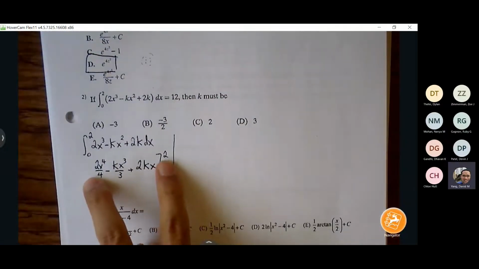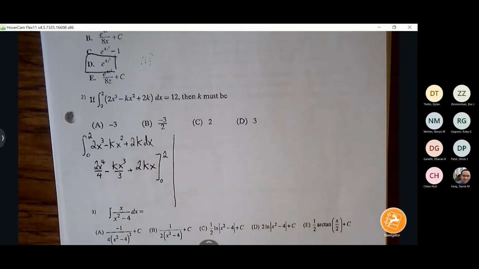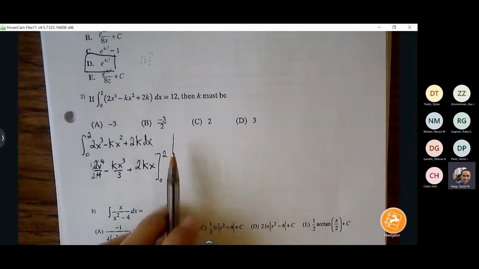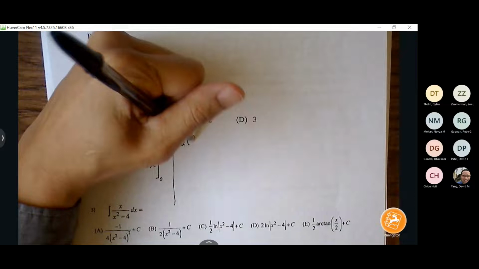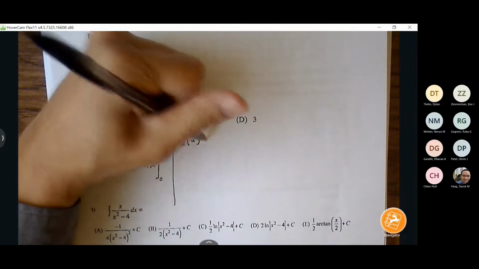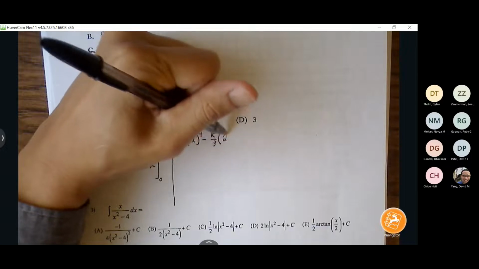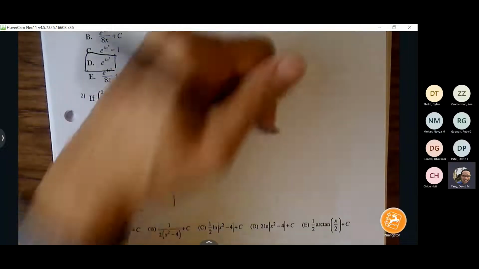Okay. Upper bound first, we can reduce to be 1/2 here. All right, so upper bound, 2 in for x. 2 cubed plus 2k times 2.